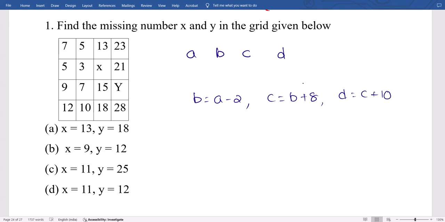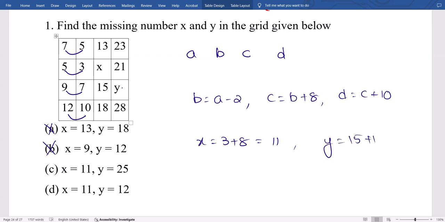You can have a look clearly. You can see minus 2, minus 2, minus 2 everywhere. Then plus 8, next is plus 8, plus 8. So x is nothing but 3 plus 8, 11. X is 11, two options are available. What about y, sir? Y as mentioned just now, it should be C plus 10. Y should be 15 plus 10, which is 25. Option C is correct.